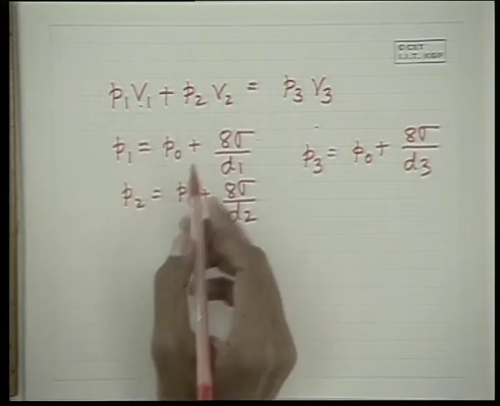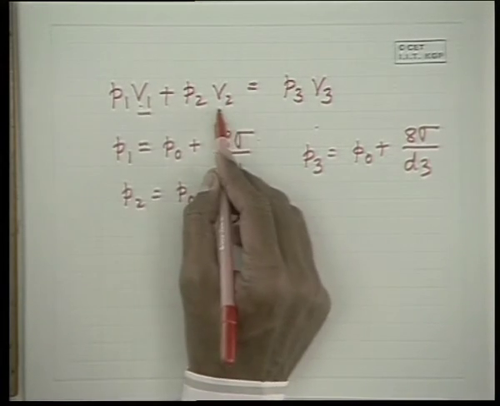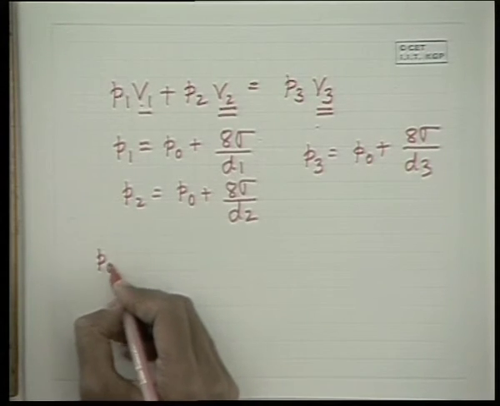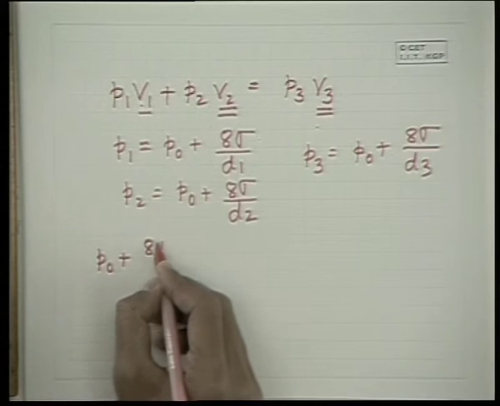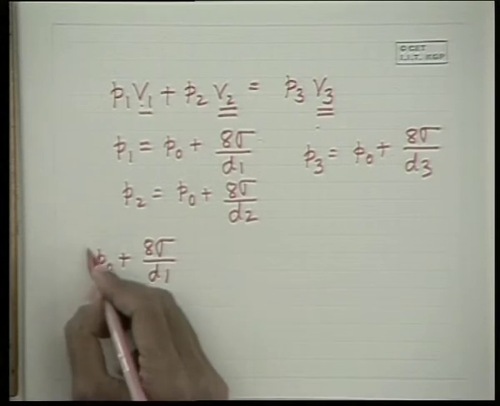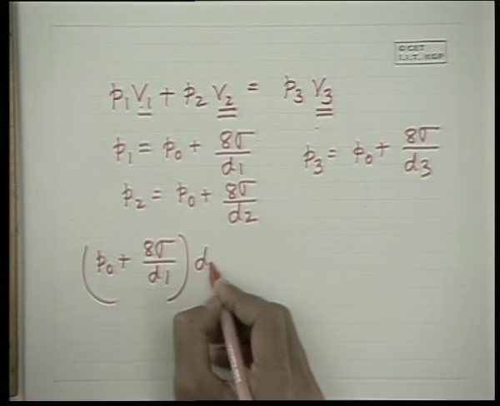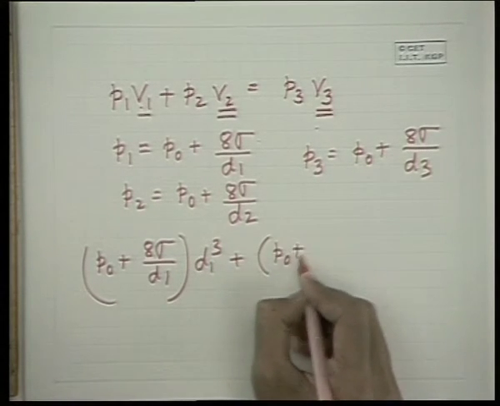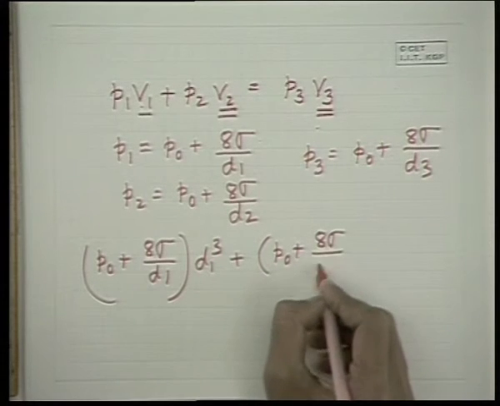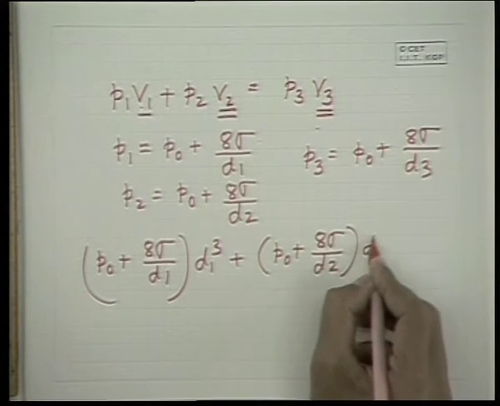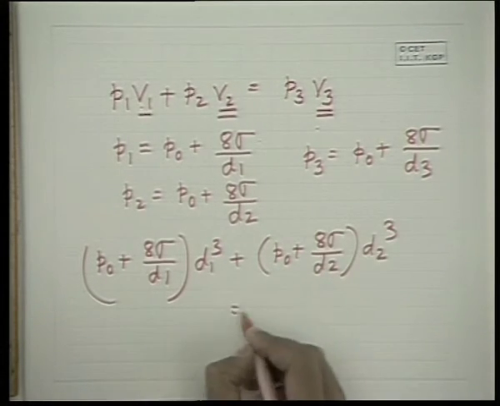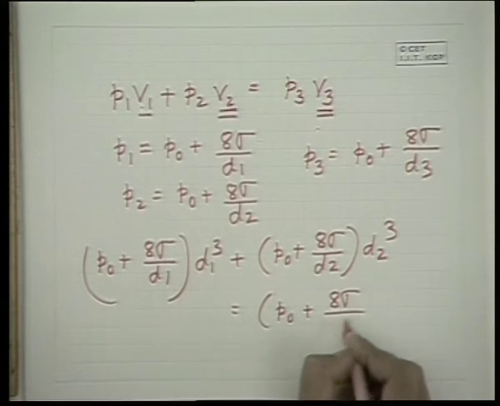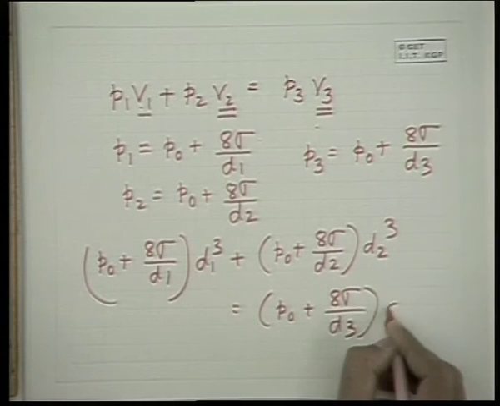And V1 is proportional to D1 cube, V2 is proportional to D2 cube, and V3 to D3 cube. If you write this, you get P0 plus 8 sigma by D1 into D1 cube, where pi will be cancelling, plus P0 plus 8 sigma by D2 into D2 cube is equal to P0 plus 8 sigma by D3 into D3 cube. So this is the required expression.